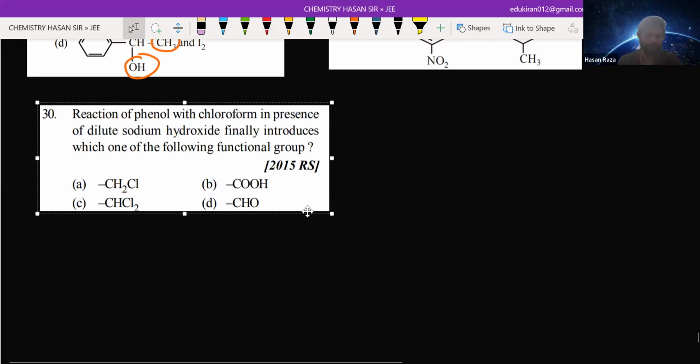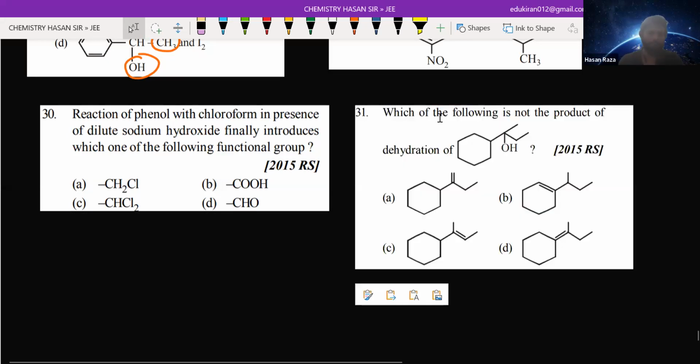Please do this question. Question number 30, I already explained with the help of the Reimer-Tiemann reaction.